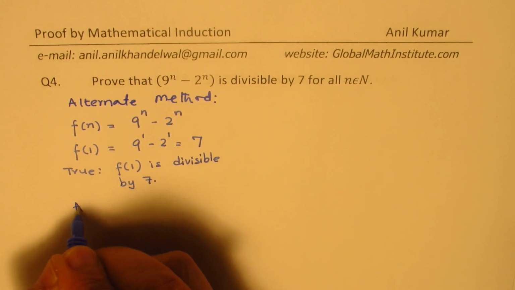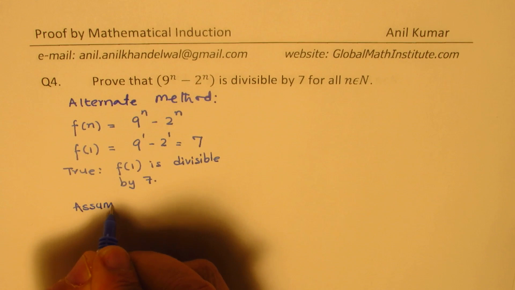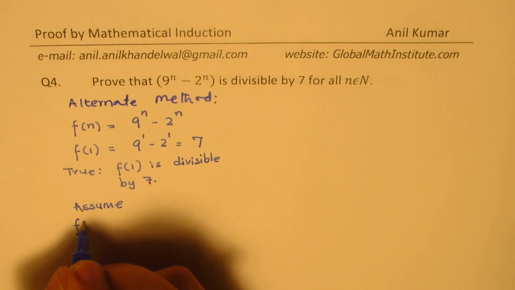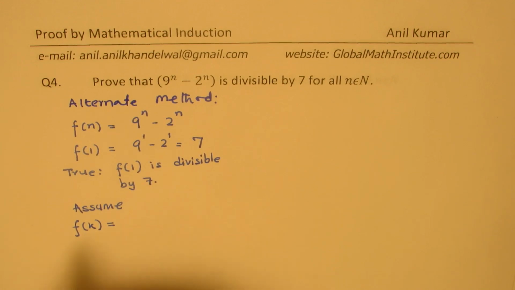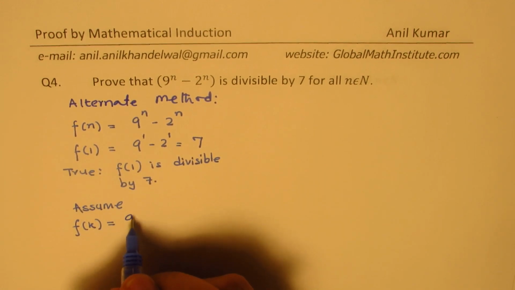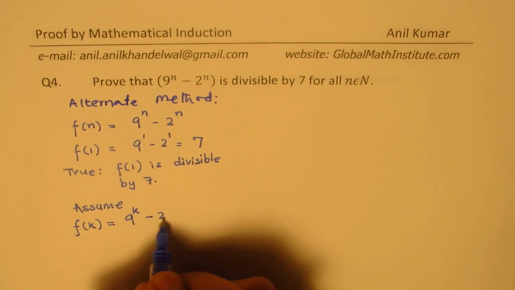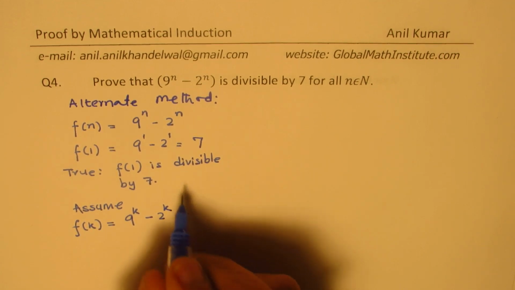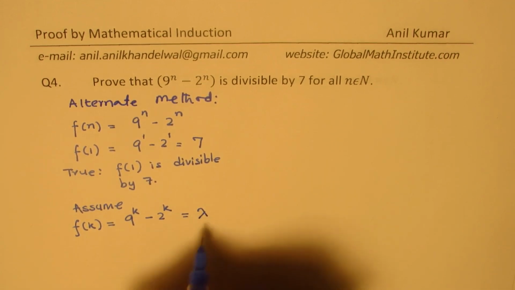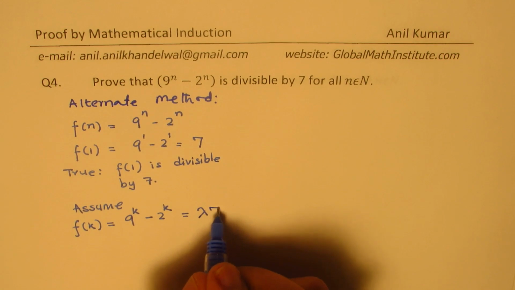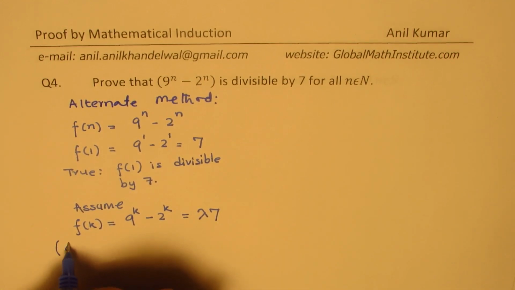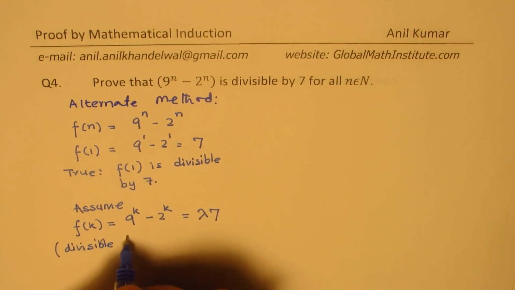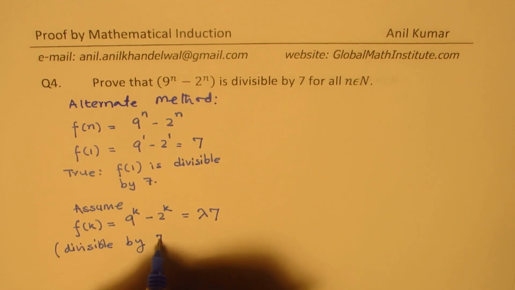Now we are going to assume that f of k is also divisible by 7. So 9 to the power of k minus 2 to the power of k is equal to some lambda, a parameter, times 7. So it is divisible by 7, right? So that is the assumption.